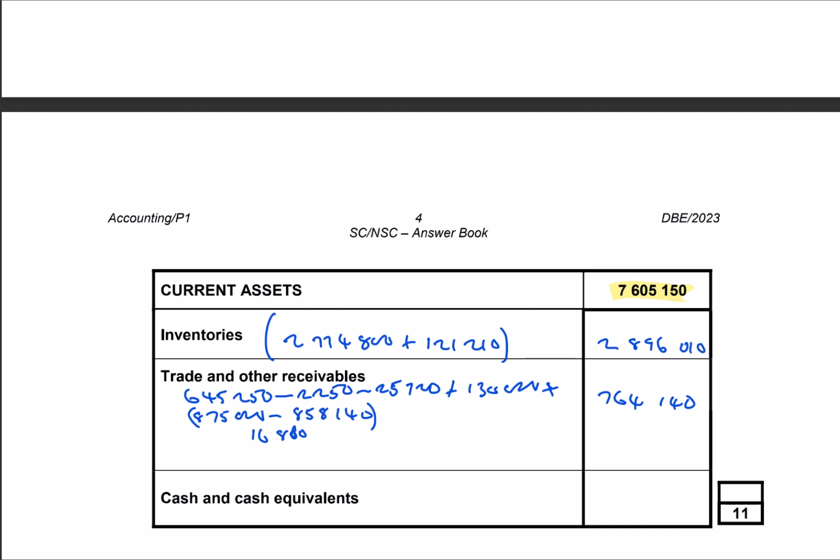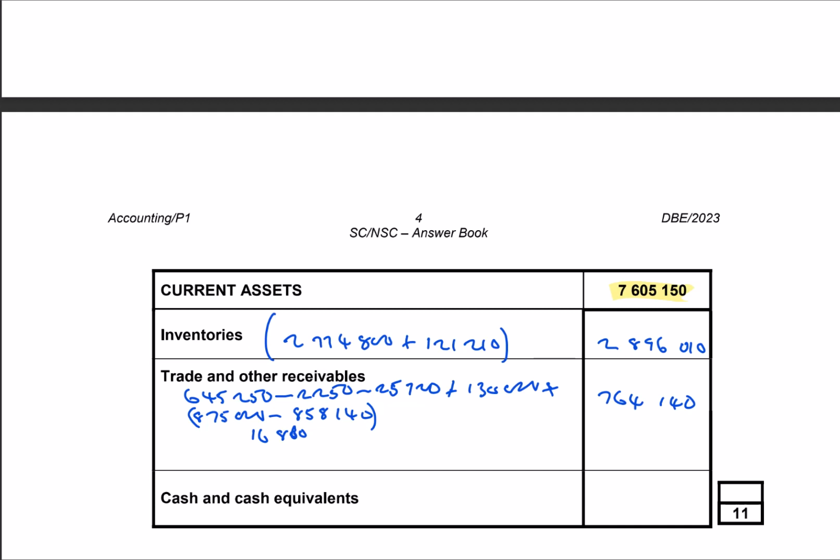So to calculate your cash and cash equivalent, that will be 7,605,150, which is the total assets, minus 2,896,010 minus 764,140.